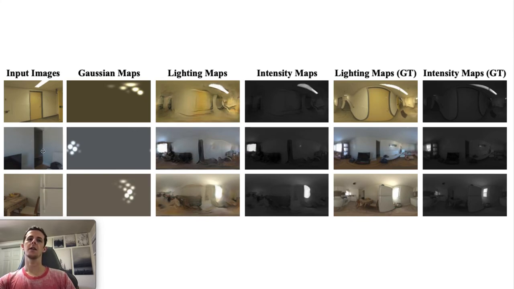And this result is pretty interesting because in the input image there's no light in the scene that you can see, but with their approach they can recover it and say there should be a light on the left, and if you see the real image it's true, there is a light here on the left. And the same thing happens here, there's no visible light in the crop of the input image, but their method was able to get this light on the right as in the real one. So those are pretty exciting results.